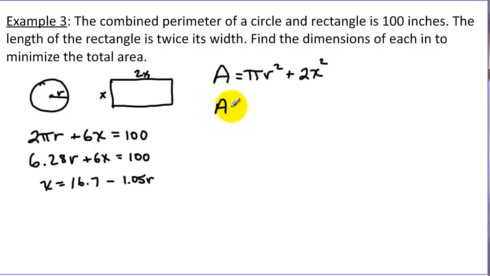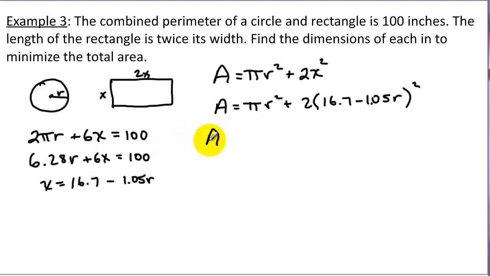Now we're going to substitute this in up here. So my revised area function is going to be this equation here. And we can take the derivative of this. We'll use the chain rule here, the generalized power rule. And I'm also going to make that be decimal just to put everything in decimal here.